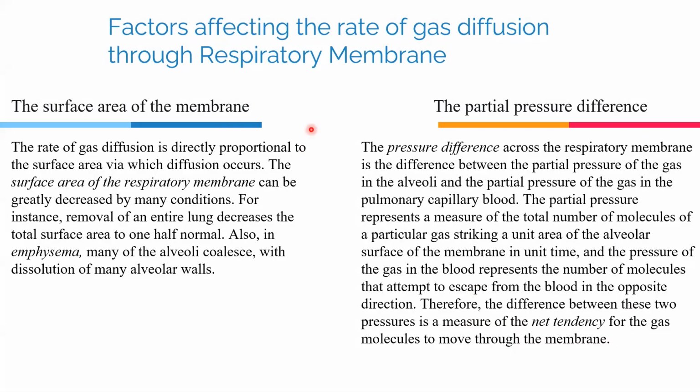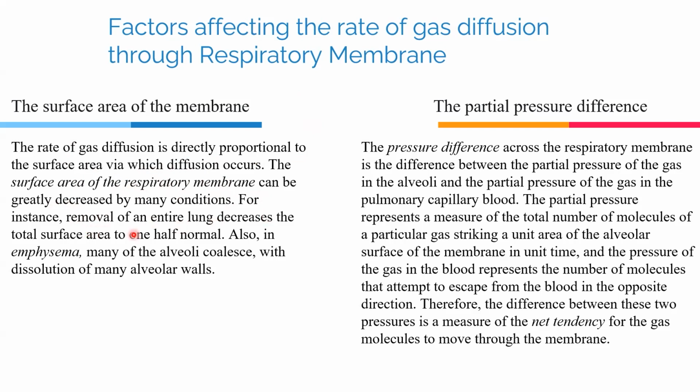Next, we look into the other two factors that are involved in determining the rate of gas diffusion, which include first the surface area of the membrane. The rate of gas diffusion is directly proportional to the surface area via which diffusion occurs. The surface area of the respiratory membrane can be greatly decreased by many conditions.